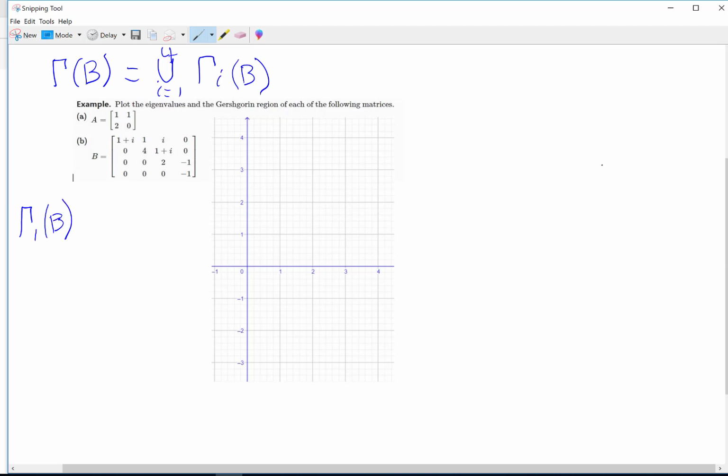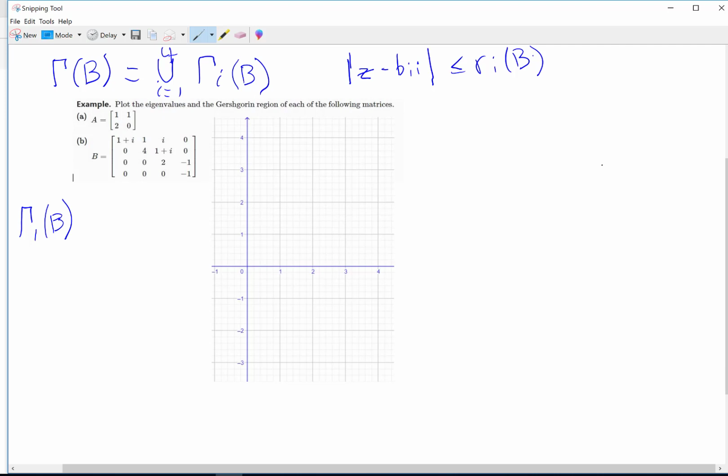Well, basically what we need to know is that each gamma i of B satisfies the absolute value of z minus b_ii less than or equal to R_i of B. So that lowercase b is the diagonal entry of matrix B. That's the center of the circle.